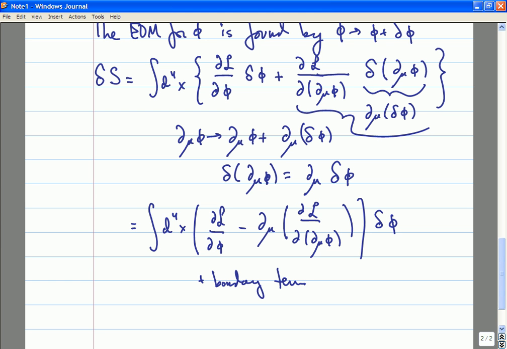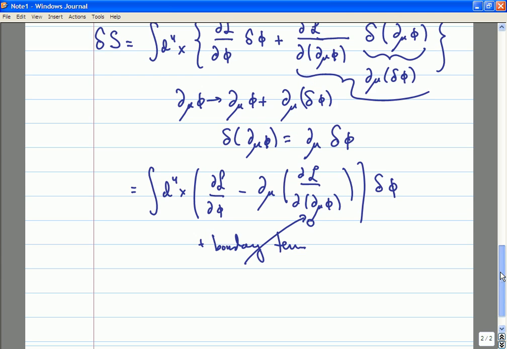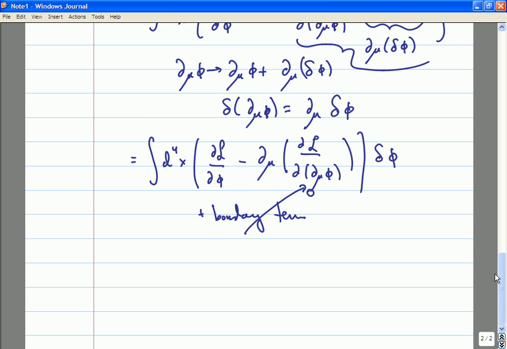So that is why I'm going to set this equal to 0 and ignore it. Good question.